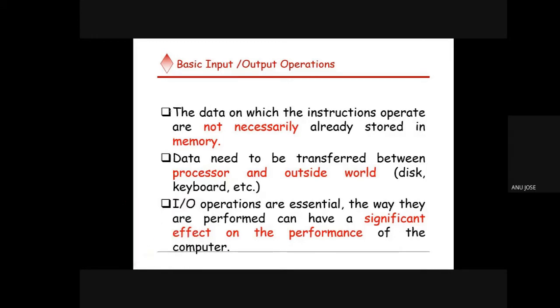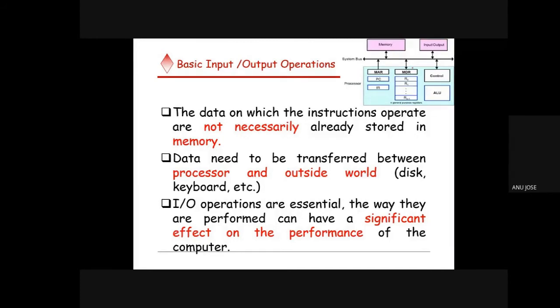What it is trying to tell is the data on which the instructions operate is not necessarily already stored in the memory. So this is the structure you are having. So it is not always maybe the data will be present in the memory. Till now what we have discussed is from the memory unit the processor has taking the data.